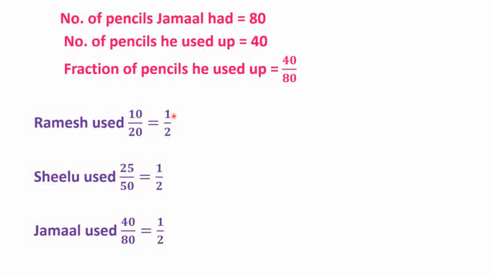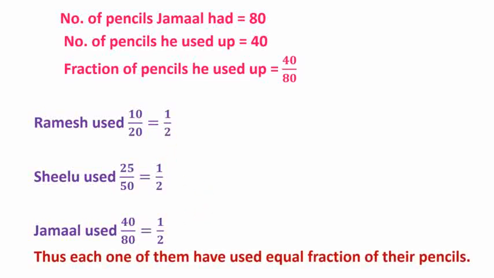So you can see each one is using an equal part of the whole. Okay, so that is why these all are equivalent fractions. So we get our answer: each one of them has used an equal fraction of their pencils, the total pencils what they had.